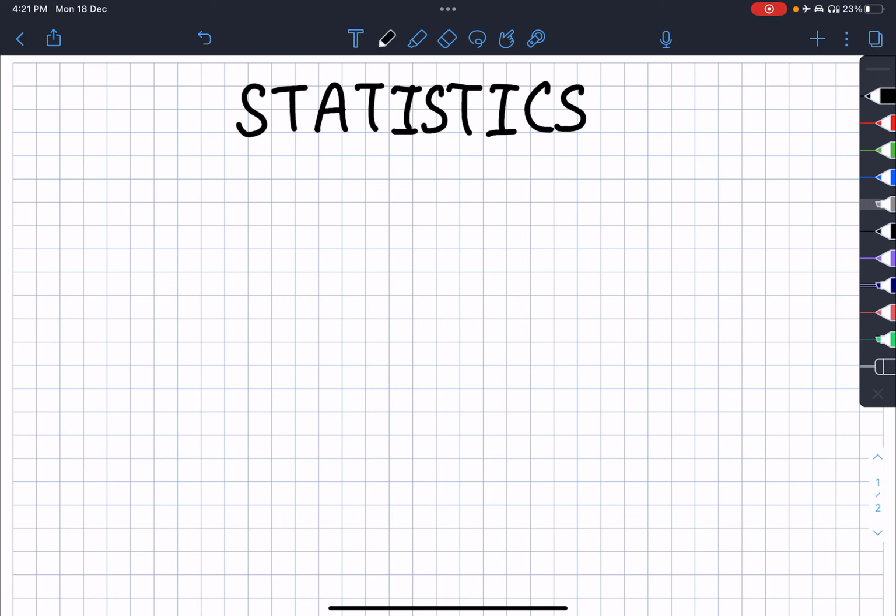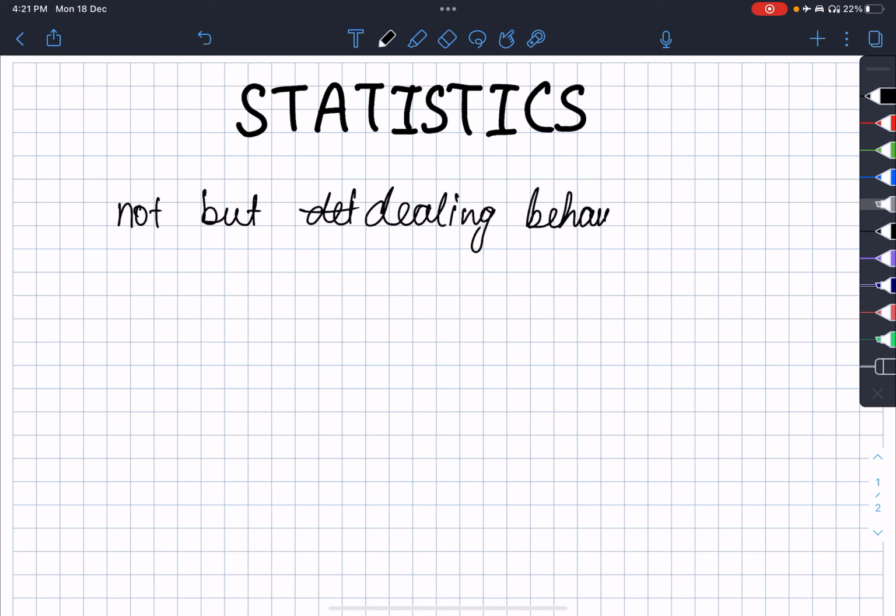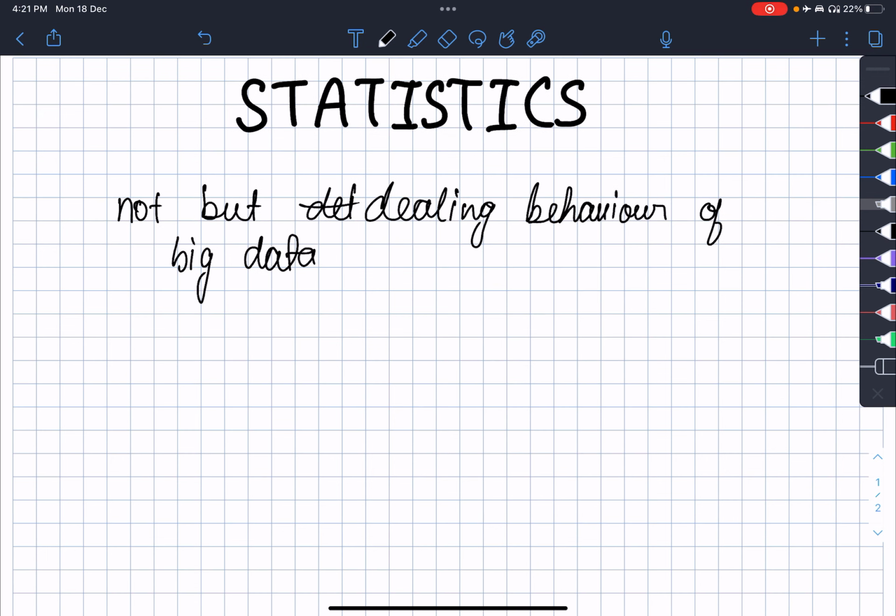So it's nothing but dealing with the behavior of big data. In statics, the game is the numbers and all those things.